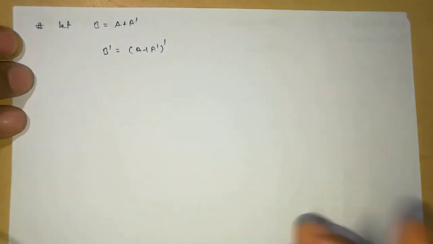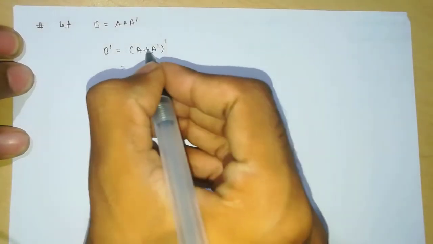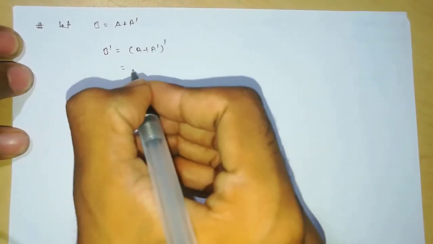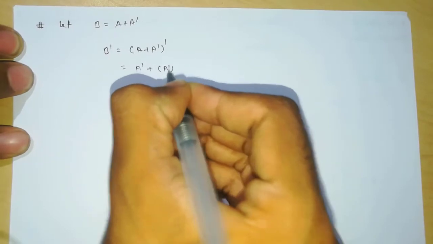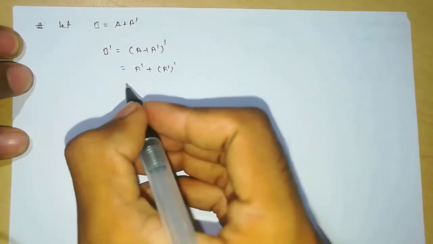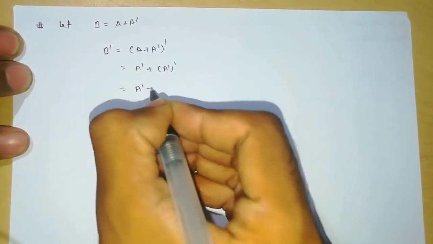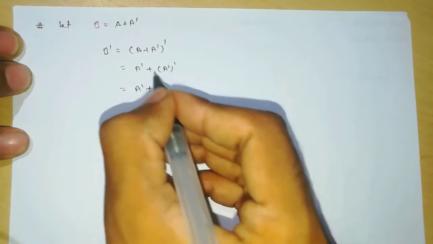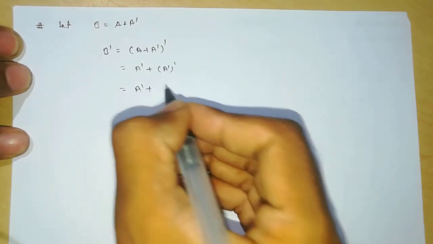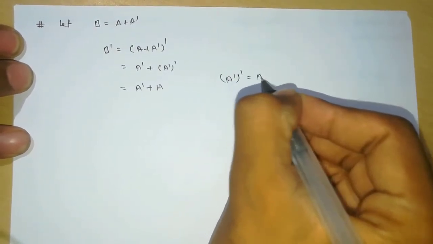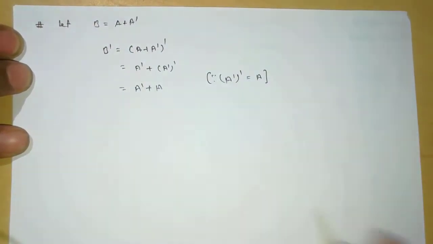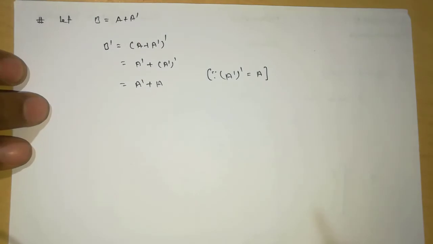Now A plus A dash whole dash, by the property of the transpose, is A dash plus A dash dash. It means A dash plus A transpose and then transpose, which equals A by the property of the transpose of a matrix.